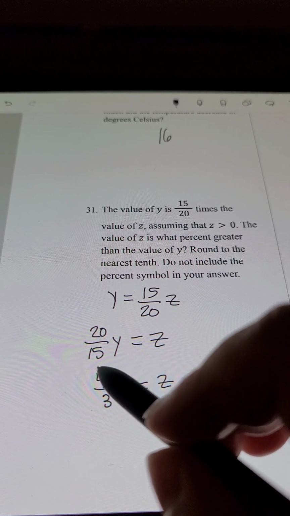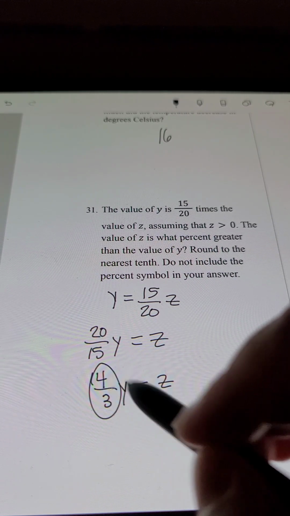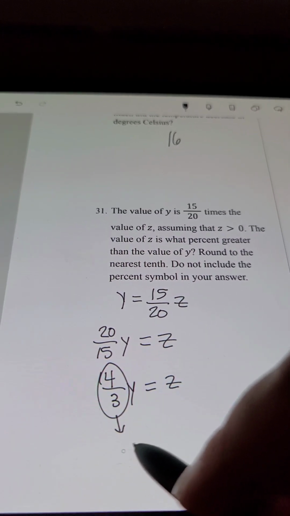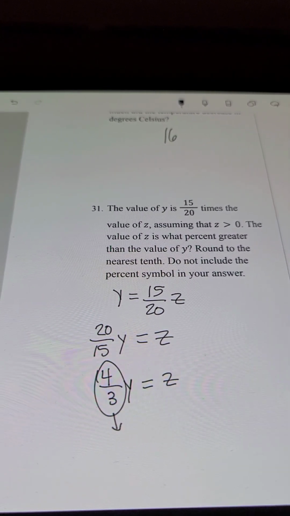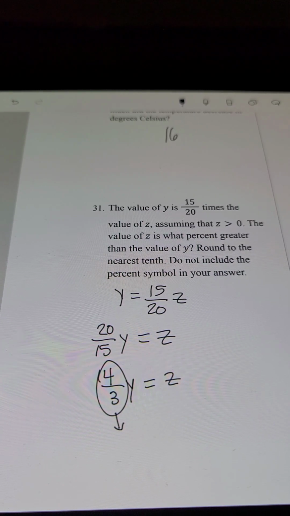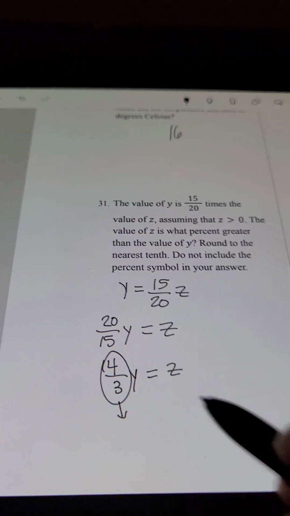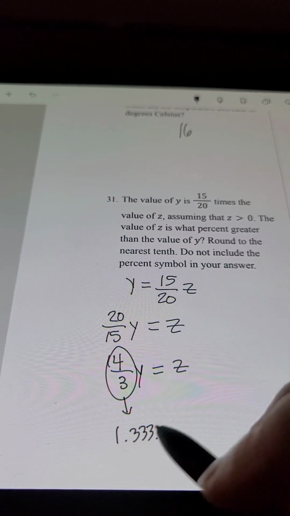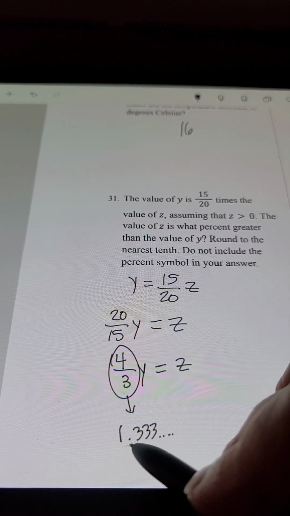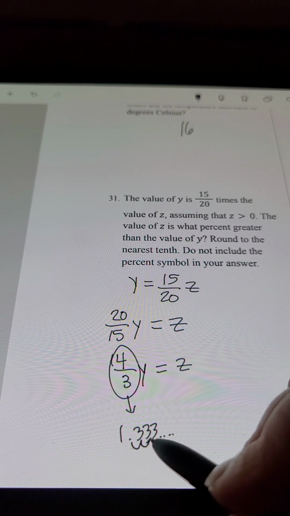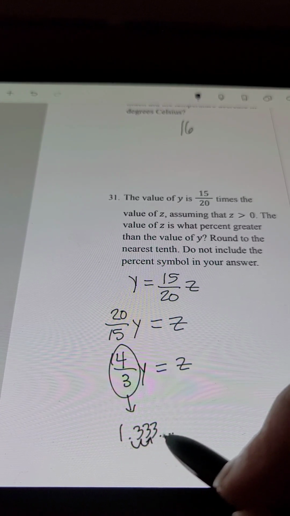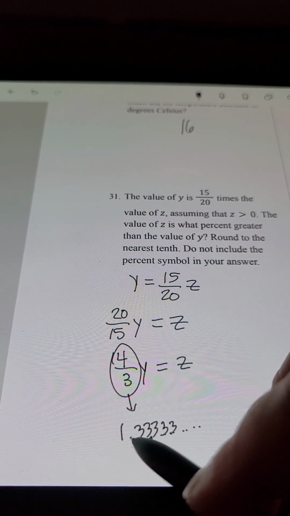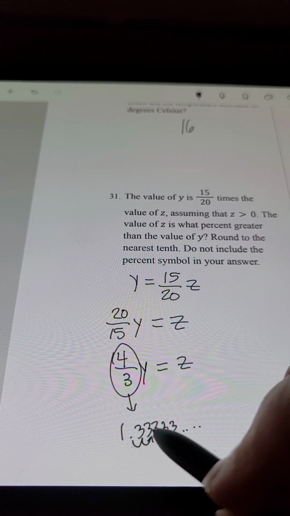So I could make this into a percent by turning it into a decimal first. So I could say, okay, what is 4 divided by 3 as a decimal? And that's going to be 1.333 and so on. And now I'm going to turn it into a percent by moving the decimal over by 2.